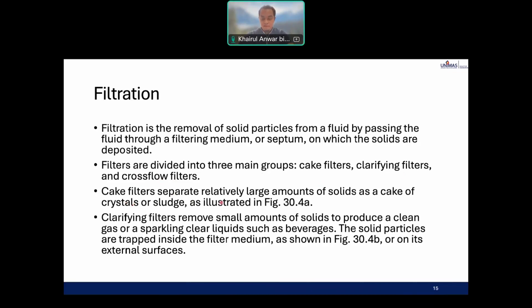So the cake filter refers to figure 30.4a, page 1003. It separates a relatively large amount of solid as a cake of crystal or sludge, as illustrated in figure 30.4a.